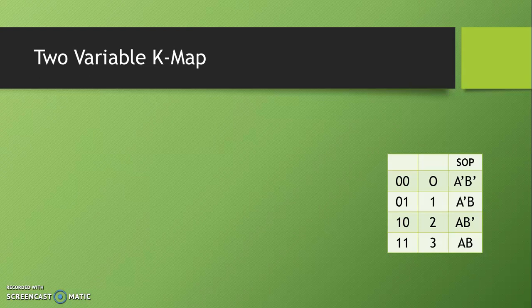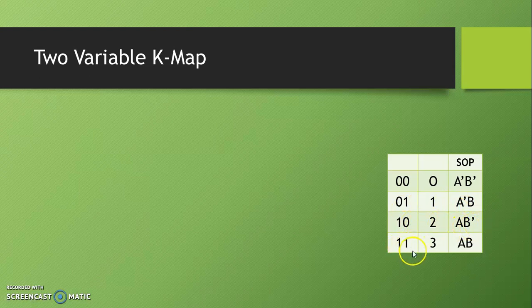If we write a product term, 0 means complemented and 1 means uncomplemented. So if we take 0 0, then we have A bar B bar. In case of 0 1, we have A bar B. In case of 1 0, it is A B bar.